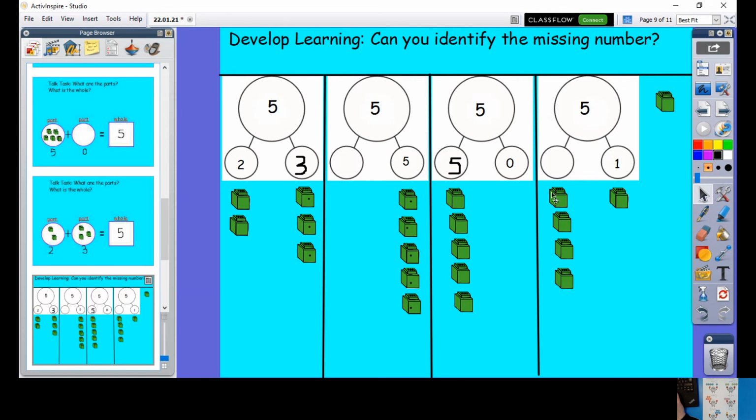Let's count on. So we've got 1, 2, 3, 4, 5. That's our whole number. How many have we got over here? 4. Well done. So I know that 4 and 1 makes 5. Well done, boys and girls.